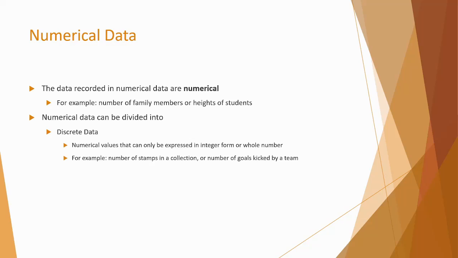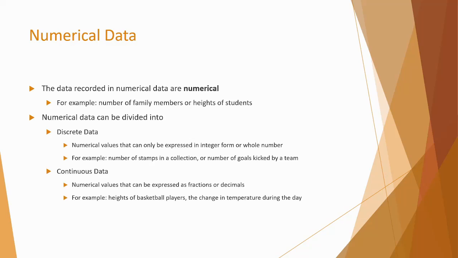An example of that is the number of stamps in a collection or the number of goals kicked by a team, because you can't have half a stamp in a collection, nor could you have a decimal of a goal. And continuous data, these can be represented as fractions or decimals.